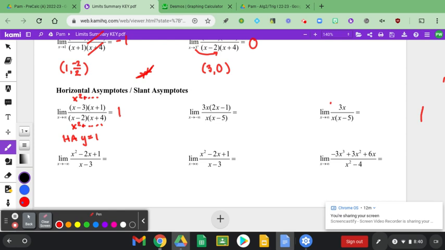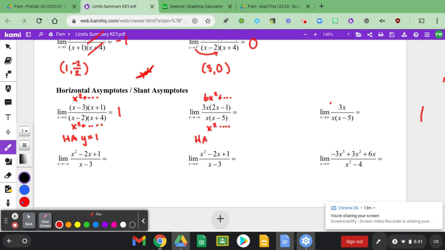For the next one here, again, same idea. x approaches negative infinity. I just have to think, if I multiplied this out, I'd have a 6x squared, minus 3x, and then this denominator would be an x squared, etc. So again, as x is approaching positive or negative infinity, as those numbers are getting either really big, like a million or negative a million, the numerator and denominator are going to be very, very close to each other, except the numerator is going to be 6 times all of that.